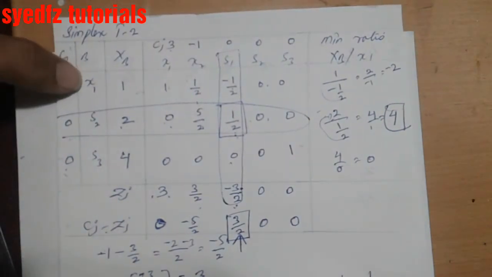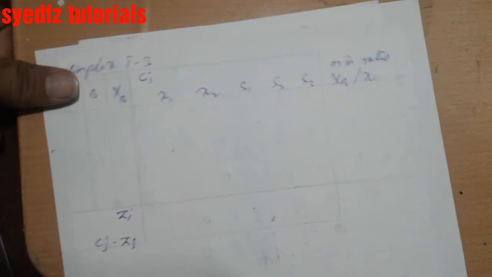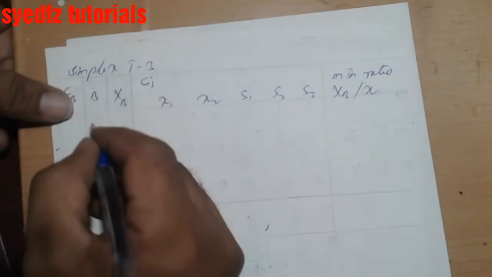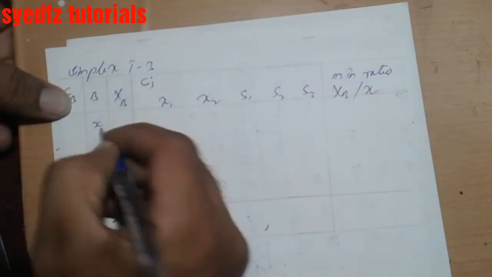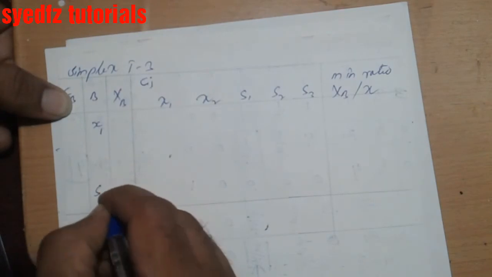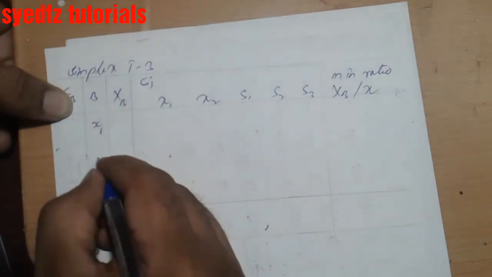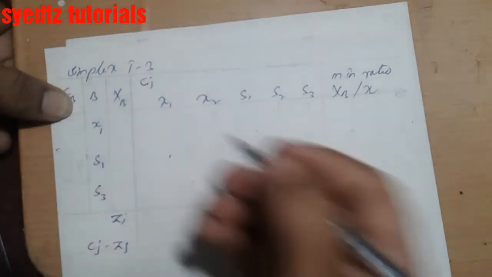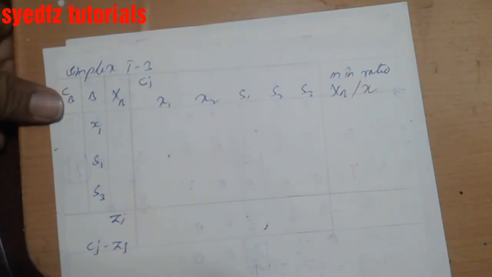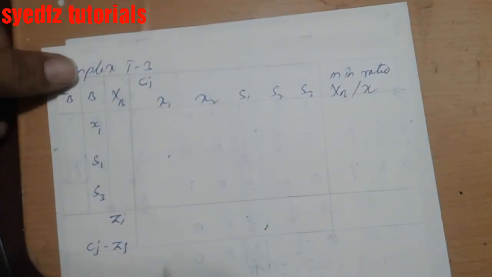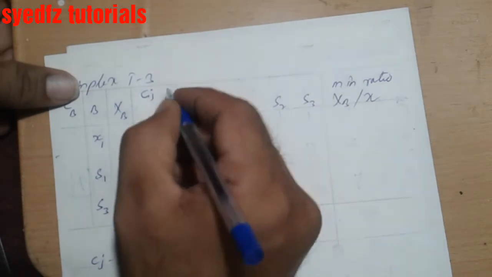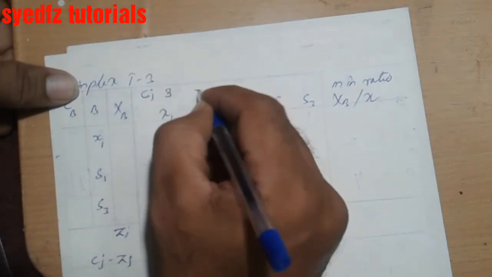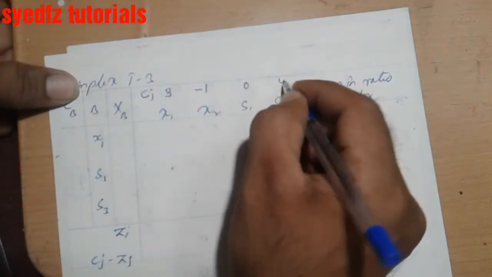The remaining X1 and S3 will remain the same. So basic variables X1 and S3 will be the same, but S1 will enter and remove S2. And what is the objective function? The objective function was 3, minus 1, 0, 0 and 0.